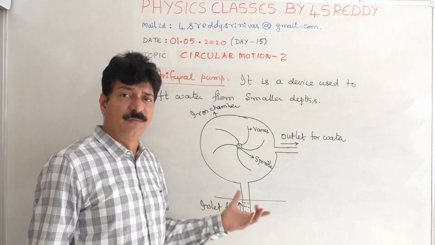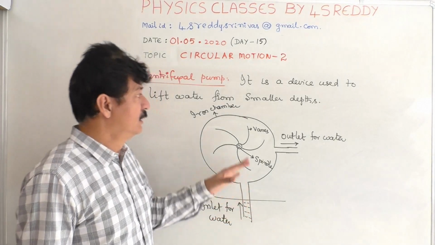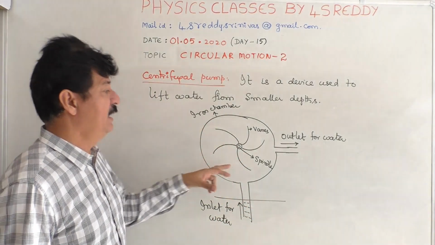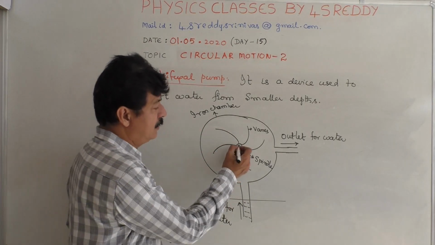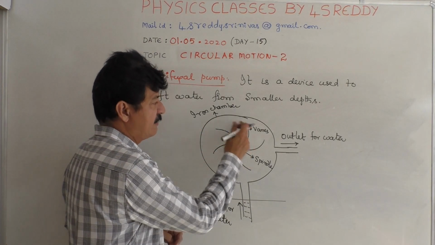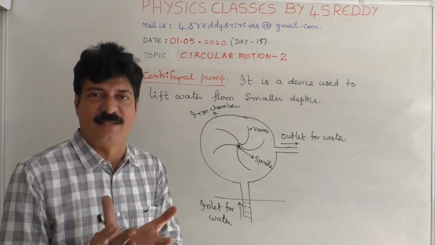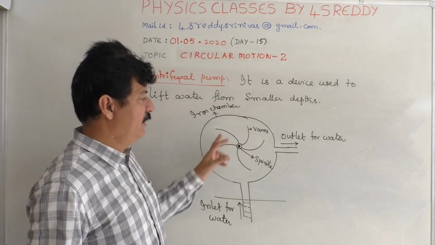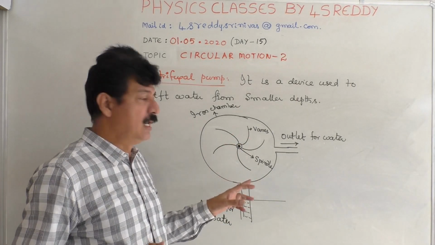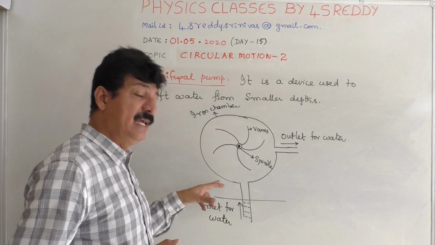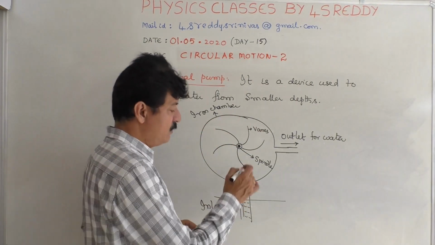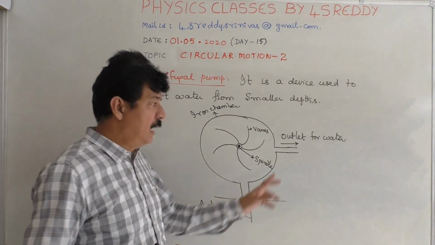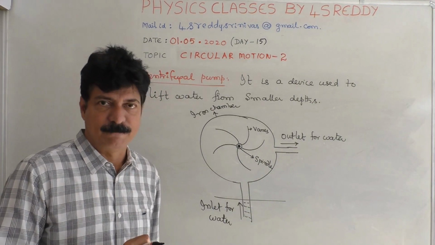And here, if you observe, this apparatus mainly consists of a spindle to which several vanes, just like fan blades, are attached, and this is enclosed in an iron chamber provided with an inlet for water and an outlet for water.